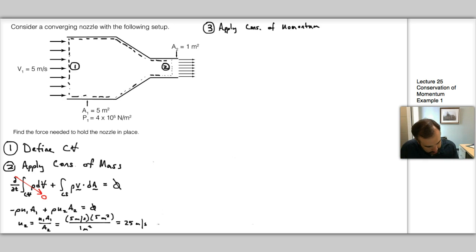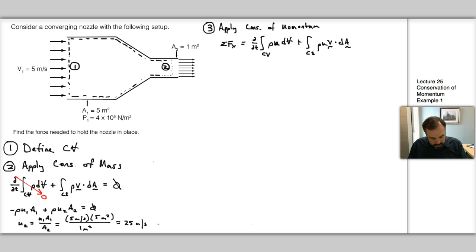And here we're going to have the sum of the forces in the x direction, because those are the only forces that we have, is equal to d over dt times the integral over the control volume of rho u dV plus the integral over the control surface of rho u v dot dA. Okay?